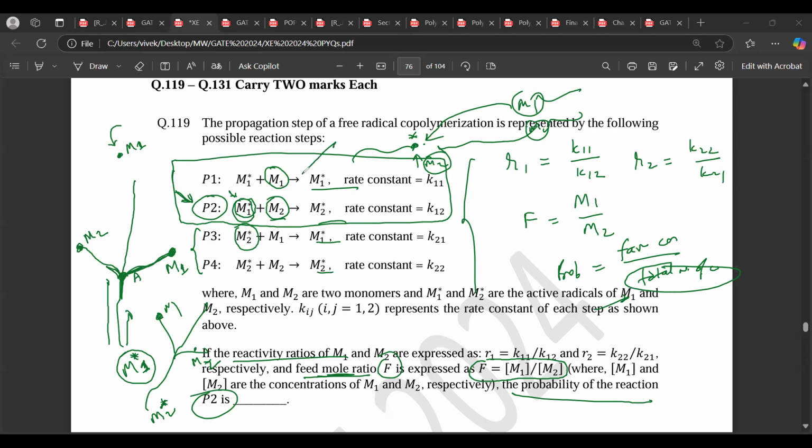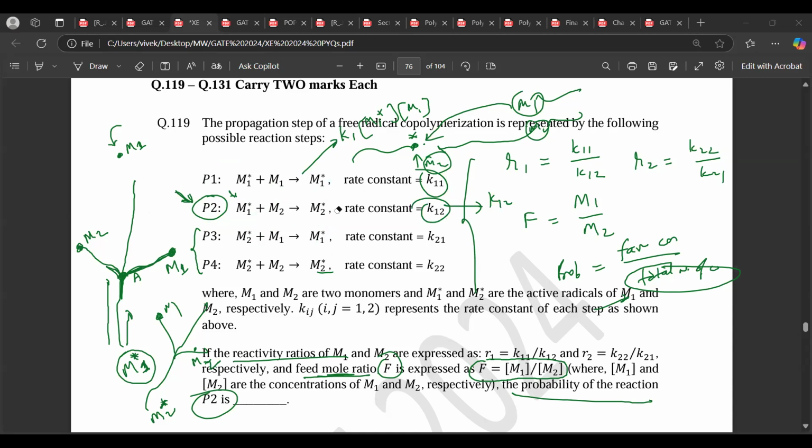What is the rate here? The rate is K11, M1 star, then M1. What is the rate of this other reaction? It's K12, M1 star and M2, right?